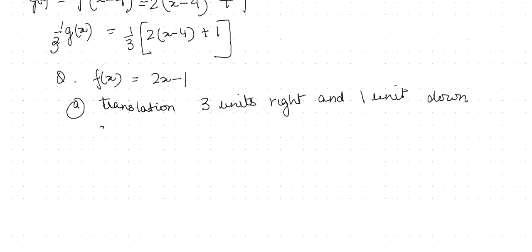So 3 units right would be x minus 3. We'll just replace x with x minus 3 in 2x, then minus 1.